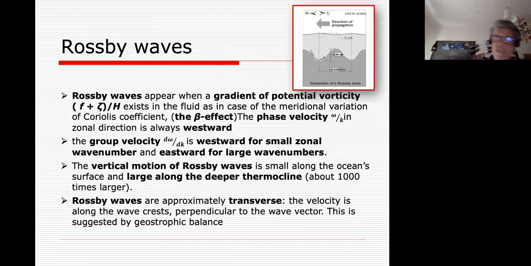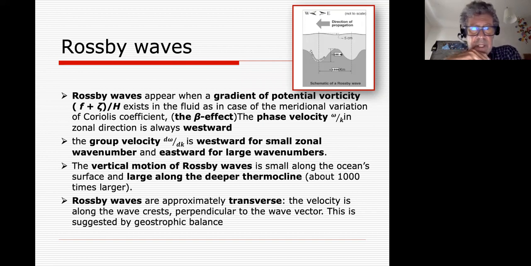I mentioned Kelvin waves, and I mentioned Rossby waves. So I would just like to rehearse a bit what Rossby waves are. Rossby waves appear when a gradient of potential vorticity exists.